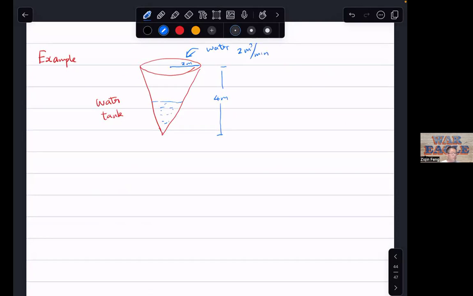So what do we want to know? If the water is pumped in, the water level is going higher and higher, right?